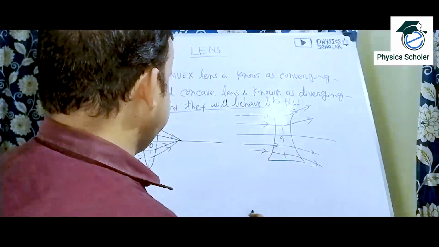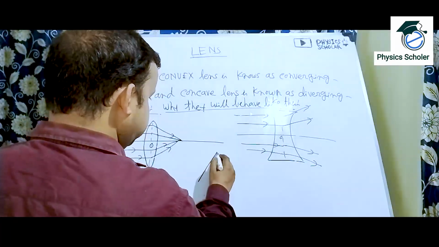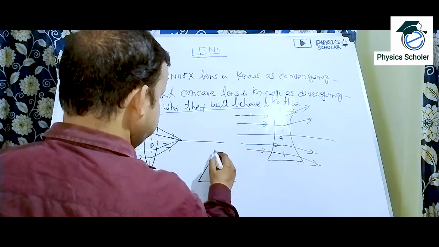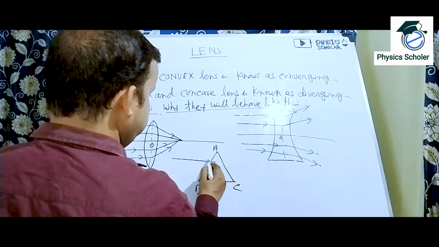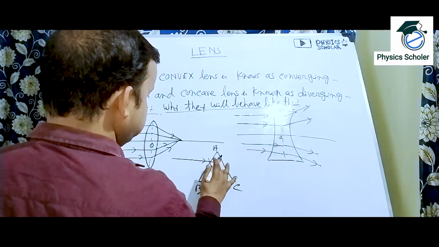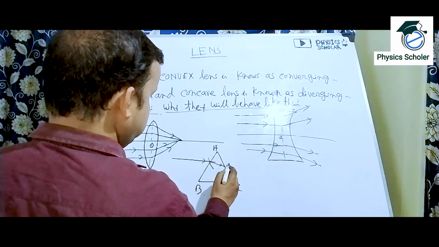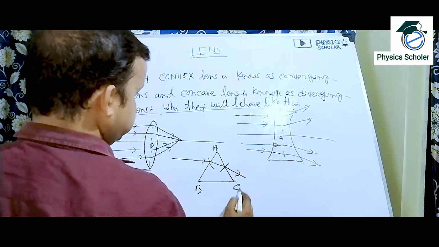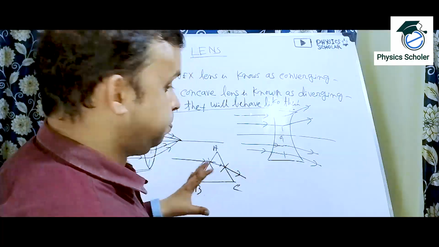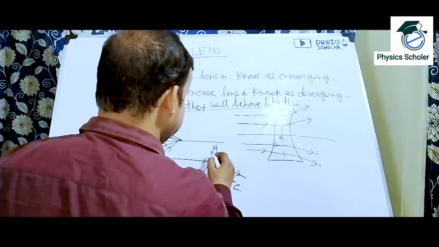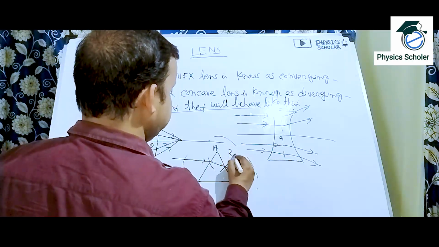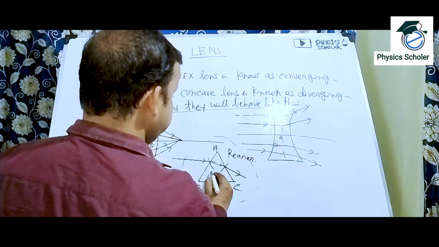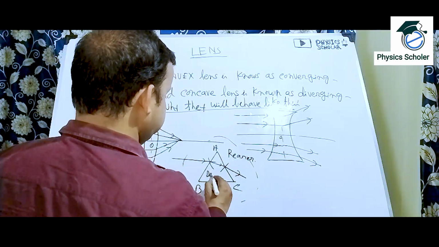So there we see, this is a prism. So if a ray of light is incident on the prism, then what will happen? When they emerge, the emergent ray will move, if that's the condition, if the surrounding medium is rarer and the prism is denser.